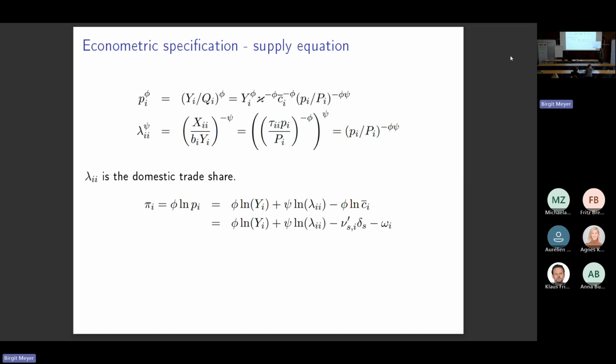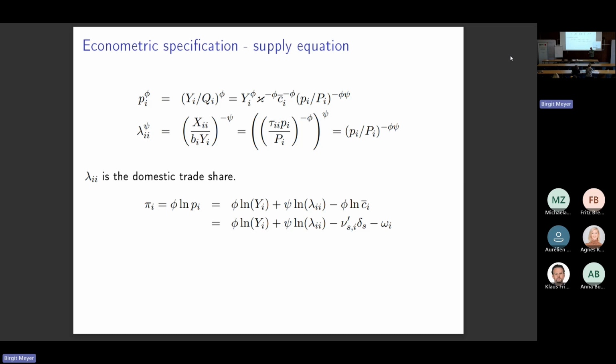Then it depends on the y, that's the value of output, and the parameter is the elasticity of demand, which would be identified if it is good. Then you have the second term up here, that's the lambda II. And remember, this is multiplied by phi, so the psi is left. And then you have the demand shifters.